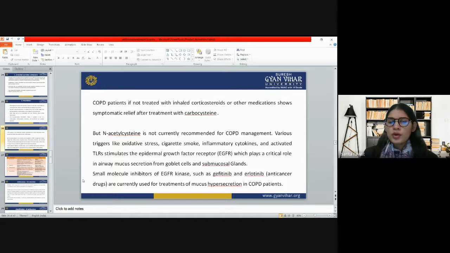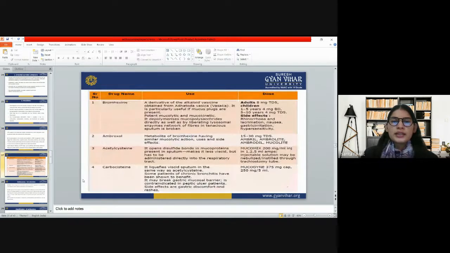So small molecule inhibitors of EGFR kinase such as gefitinib and erlotinib, anti-cancer drugs, are currently used for the treatment of mucus hypersecretion in COPD patients. Now these are the drugs that are involved in coughing.